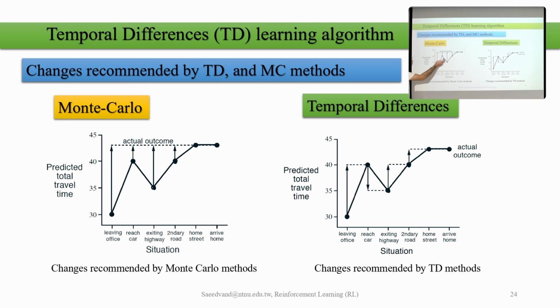These are the values that we currently have. Then the Monte Carlo approach suggests a change of the value from here to here, which is the actual value. You can see it quickly tries to converge to the actual outcome. But the point is that although in this example it quickly goes to the actual value, we needed to wait until the end of the episode.